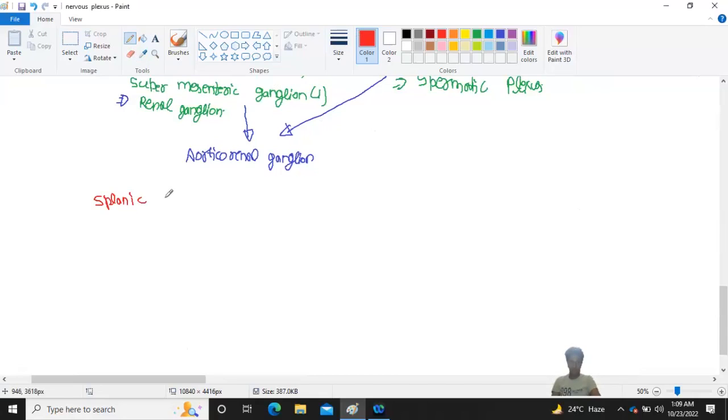Splanchnic nerve supply of stomach. So first, the stomach, we know the sympathetic nerve supply.